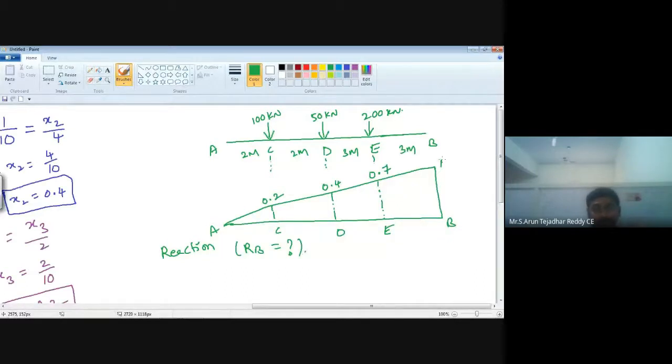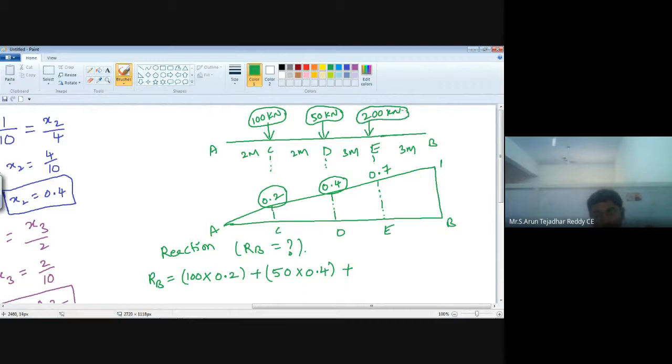Given load into ordinate, then you will get the reaction at B. See here, RB is equal to 100 kilonewton multiplied with the ordinate 0.2, plus the next load 50 kilonewton multiplied with ordinate 0.4, plus the next load 200 kilonewton multiplied with 0.7.